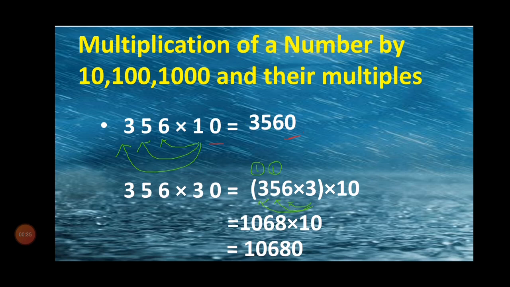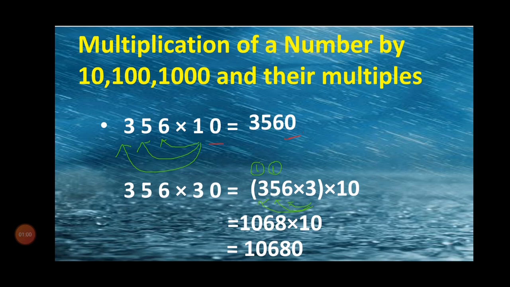And 1 into 5 how much? 5, write it before 6. And 1 into 3 how much? 3. So write it before 5. So 3, 5, 6. And then finally you have only 1 zero balance that you want to write with the answer at last. So 3560.